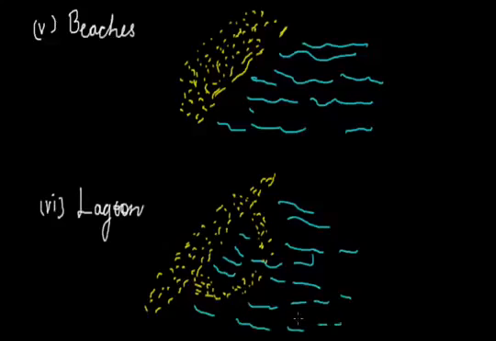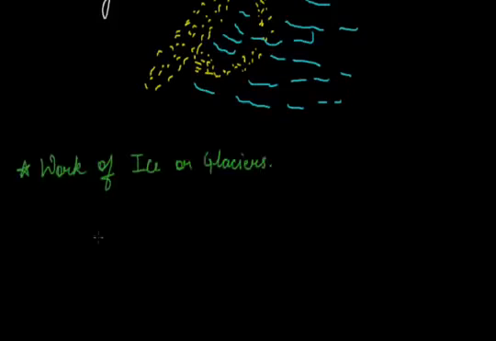So these were the formations that the sea waves make with erosional and depositional work. The next factor that we are going to talk about is the erosional and depositional work of ice, or we can say glaciers. Glaciers are frozen rivers where the fresh water is present in a frozen form, and this ice is not stable.